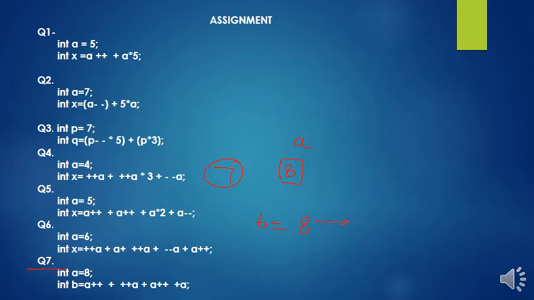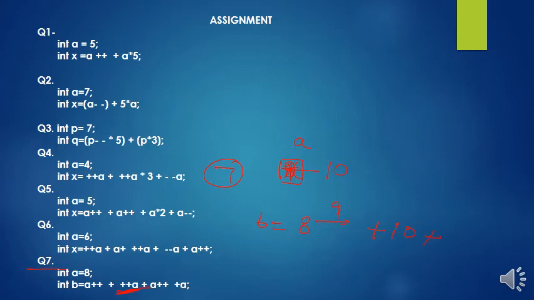First use, after that a will store the value 9 inside the memory. So 8 plus, then prefix increment, change then use. After that 9 plus 1, after that a will store value what? 10 inside the memory. So that is a 10.